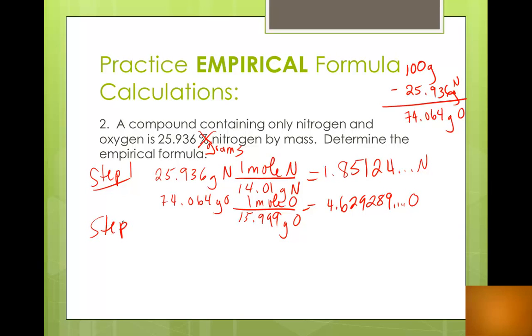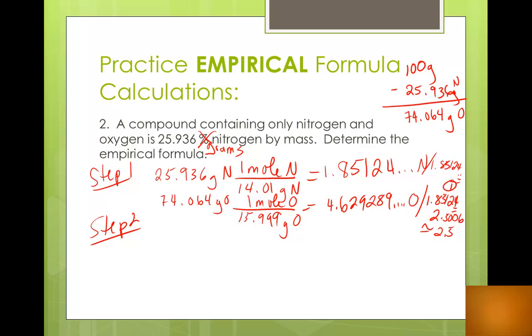Step 2, you're going to divide by the smallest number, which we know here is nitrogen, so I'm going to divide both numbers by this number. Here I get 1. Here I get 2.5006, which is about 2.5.